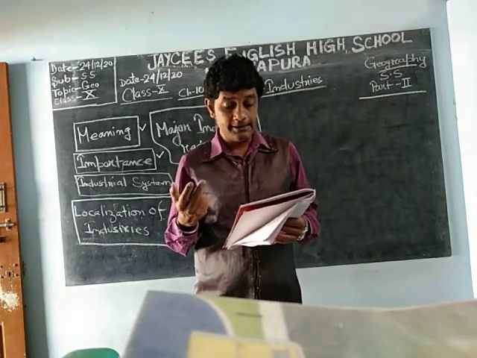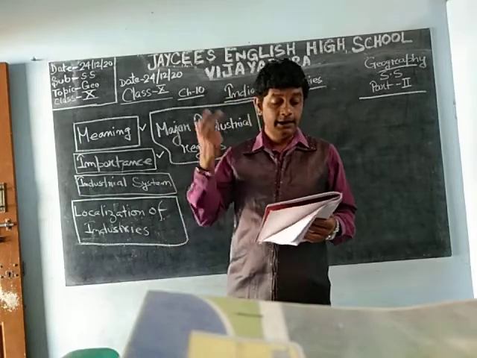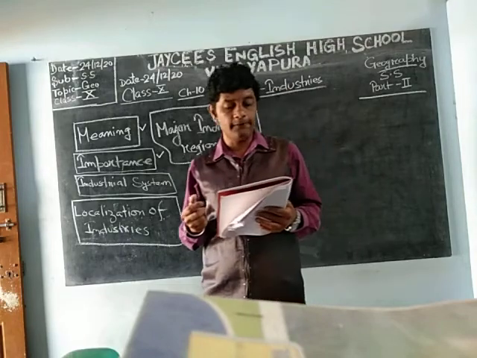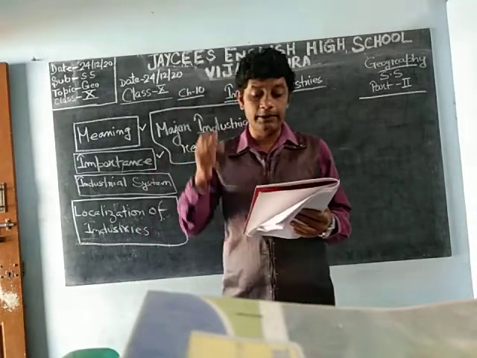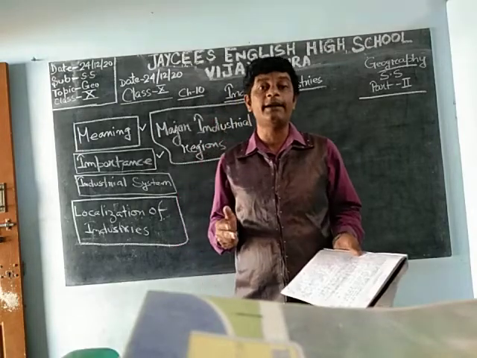What is an industry? Industries are the place where the action or process of economic activity is concerned with the processing of raw materials and manufacturing of goods in factories.